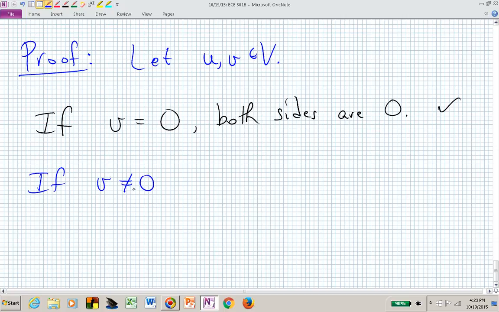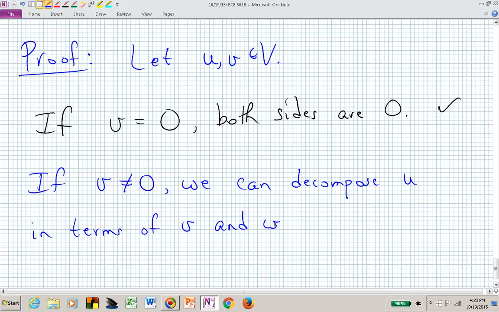If v is not equal to 0, like I said, now we can go back and start breaking up u, let's say, in terms of its orthogonal pieces. So if v is not equal to 0, we can decompose u in terms of v and w.